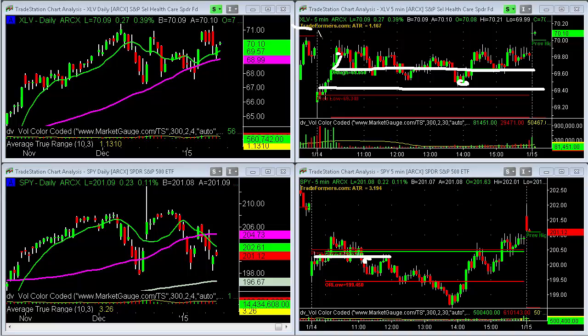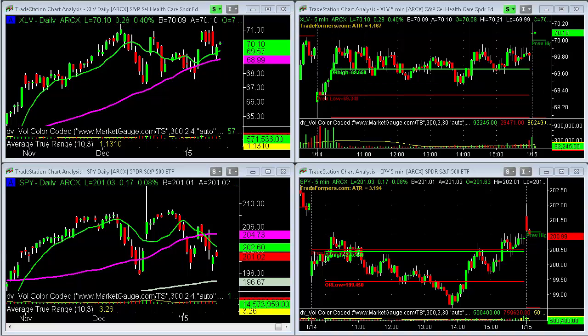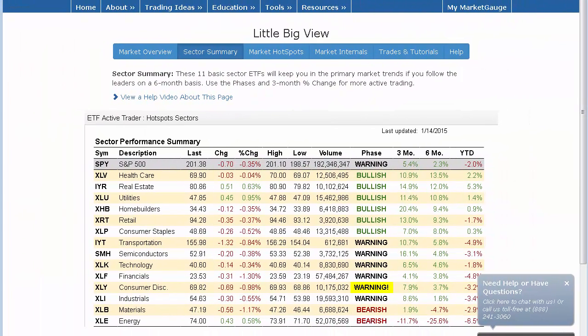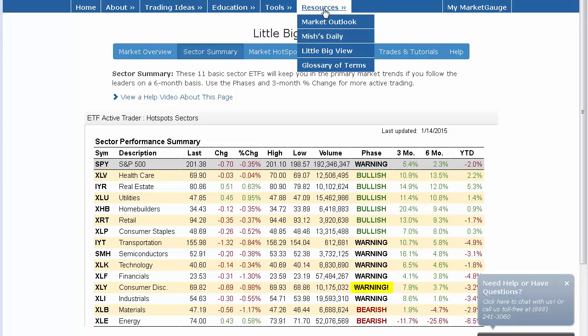But also a big factor is what you pick in terms of your selection. So why did I pick XLV? Well, if you've been following the recent videos on this same location, you'll probably know exactly why. Over in the little big view area of marketgauge.com, which you'll find on our homepage under resources, little big view.